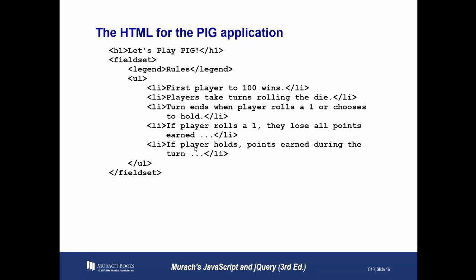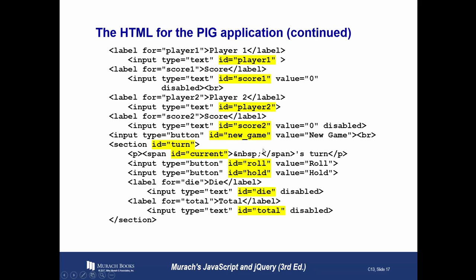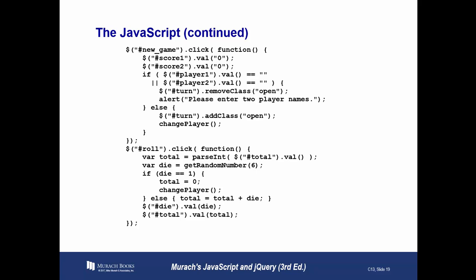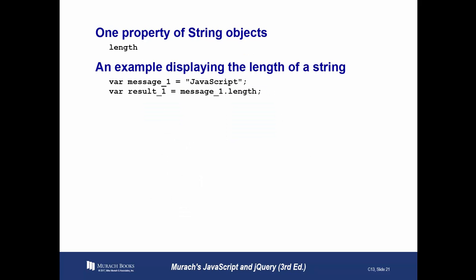This example uses jQuery for DOM scripting, so the first script statement identifies the jQuery library. In fact, the JavaScript is shown in the book on page 393. I've chosen not to go over it, though.